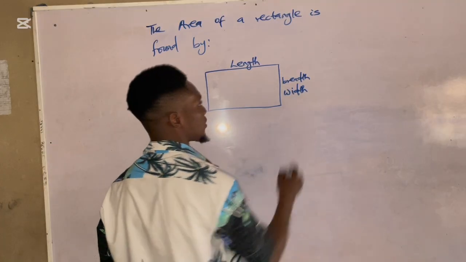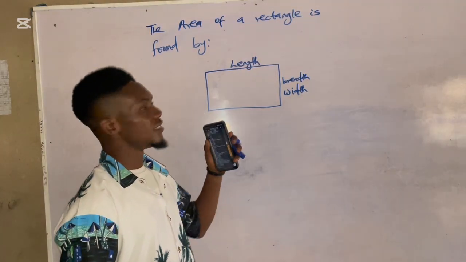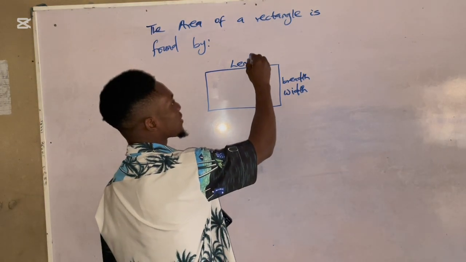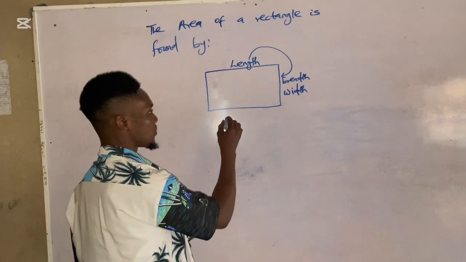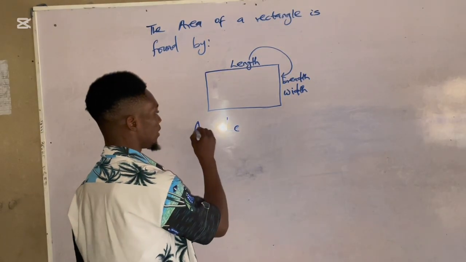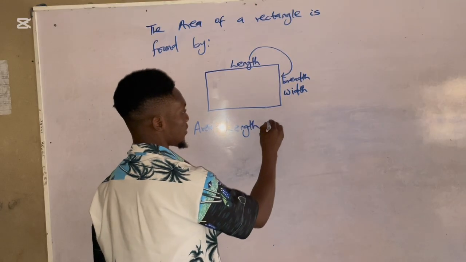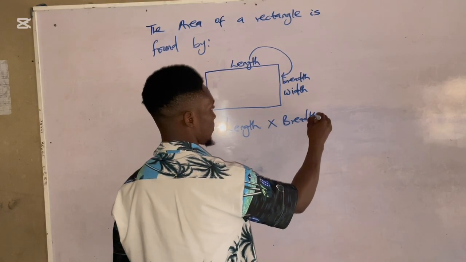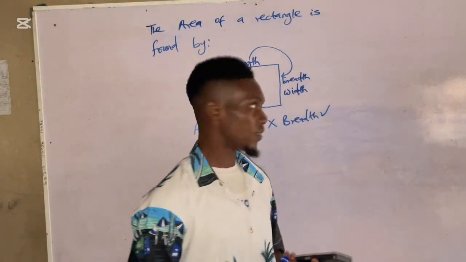The formula for calculating the area of a rectangle is multiplying one side of your length to one side of your breadth. That is very simple. So we have area equal to length times breadth.